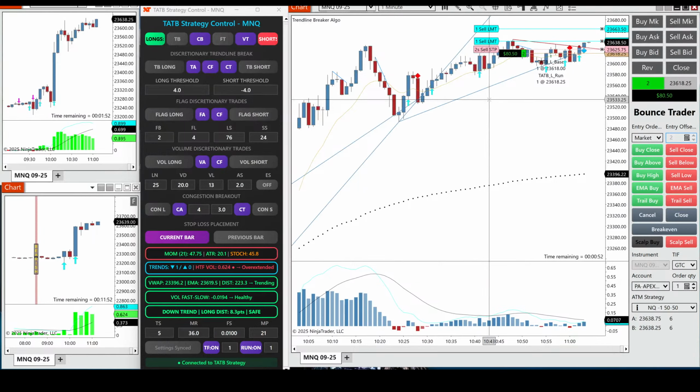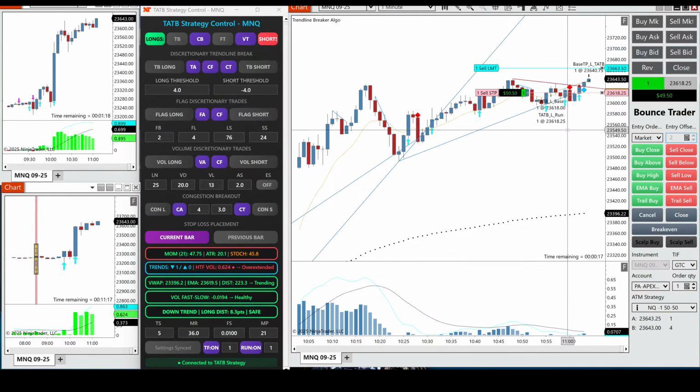I want to show you it should move to break even. Well, right, so it moved. We had base and runner, and it took the base and moved the runner to break even. And now this is a risk-free trade. If anything, it's going to trail, by the way, and if anything, we made our $100.